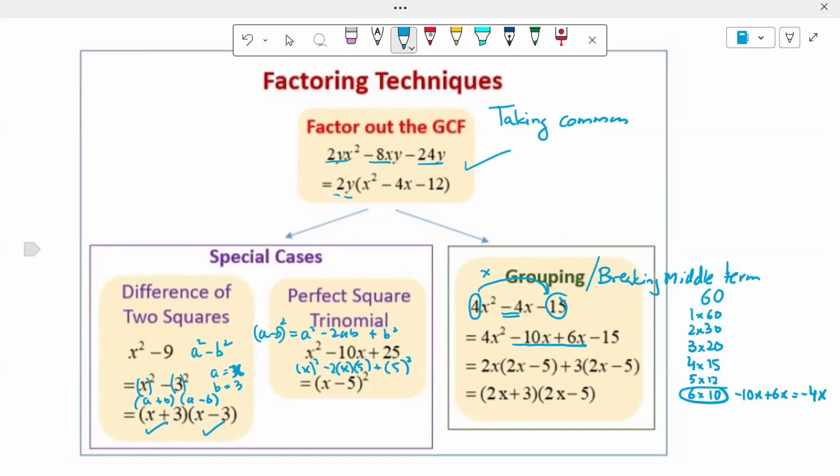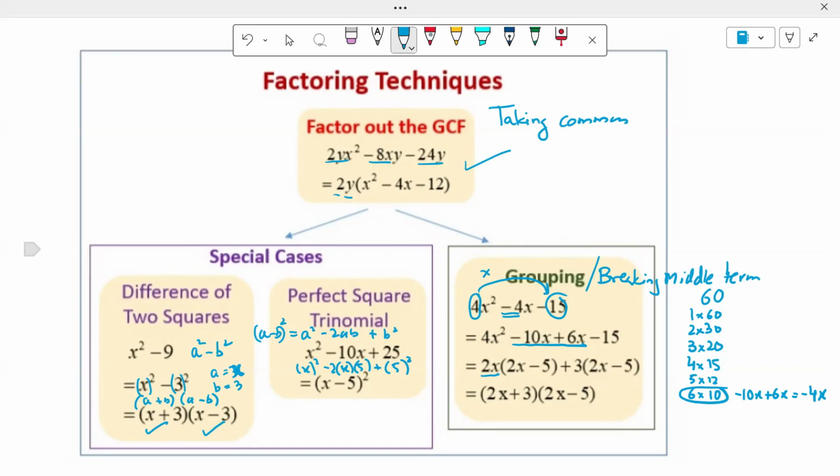Now we are going to take common from the first two. From the first two, 2x is common. We are left inside with 2x, since 2 2s are 4, and 1x is left inside, then 2 5s are 10. Then after that, from 6x minus 15, plus 3 is common. After taking plus 3 common, we are left with 2x minus 5.